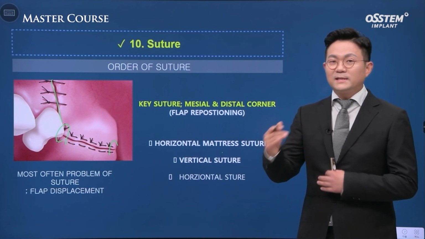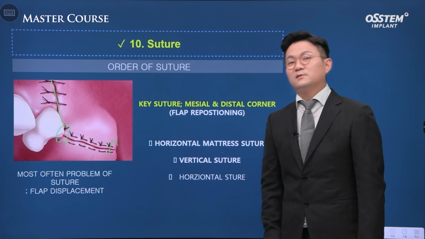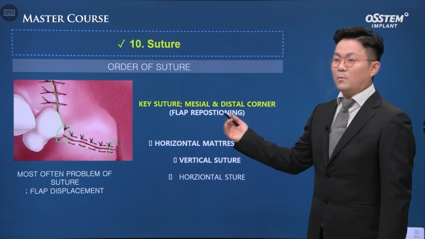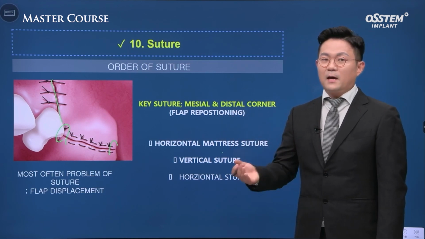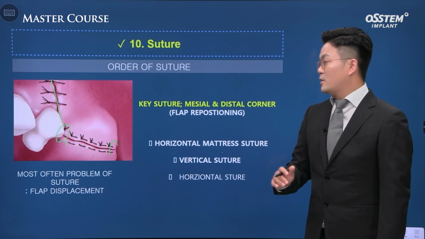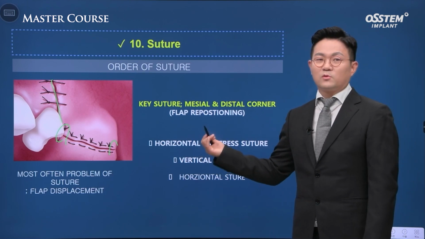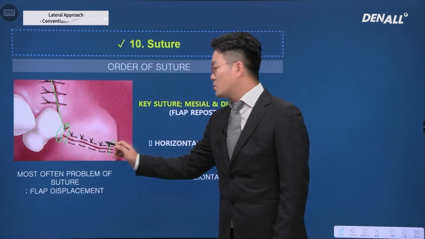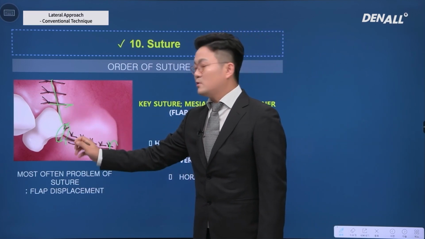With the suturing, unless you do GBR together, the buccal flap extends a lot, so it can always be covered, and flap tension is not really much of a problem.